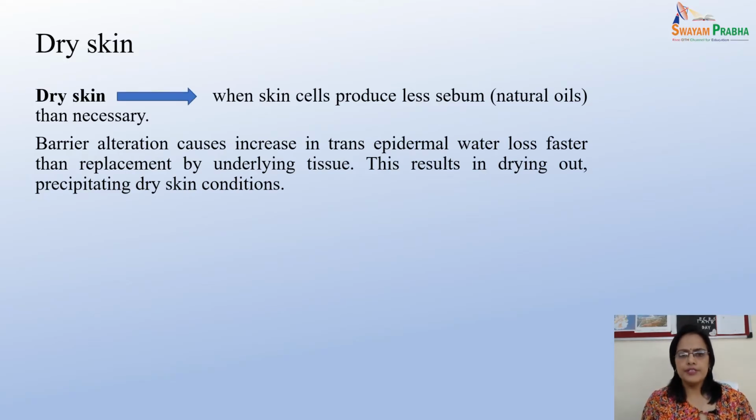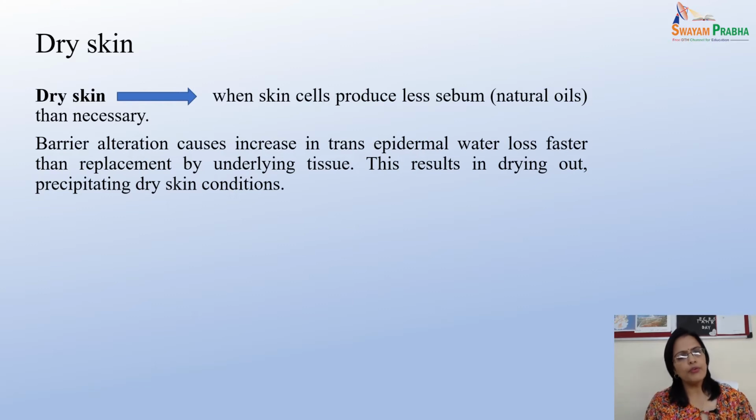Now first we will see the skin problem, dry skin. Dry skin occurs when skin cells produce less sebum, the natural oil, than necessary. If the amount of sebum production is less, then we state that the dryness is because of that reason. This lack of sebum results in the skin feeling tight, with a dull and rough looking texture.